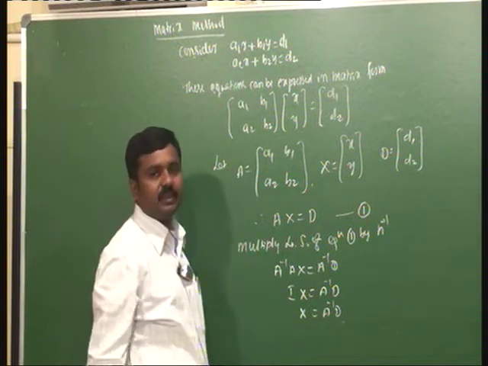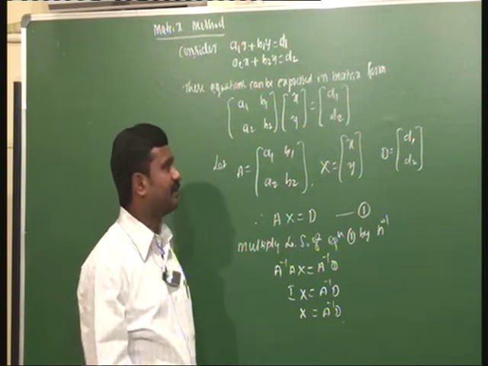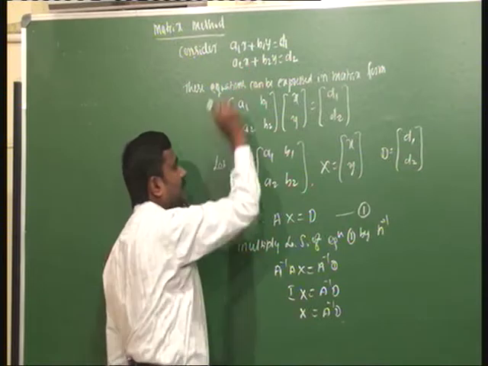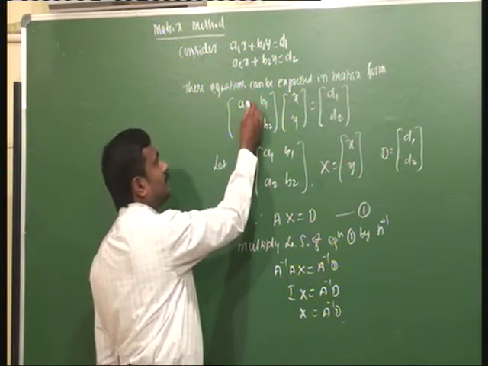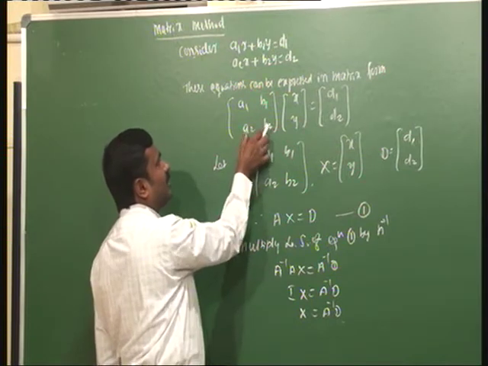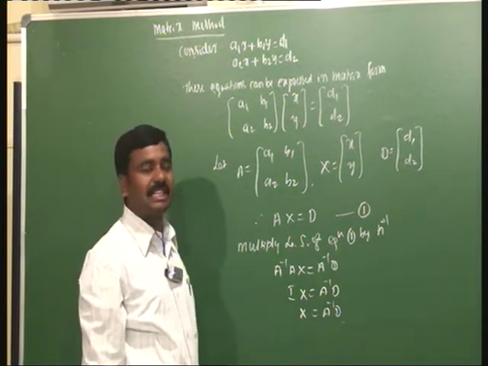a2x plus b2y is equal to d2 is the second equation. These two equations can be expressed in matrix form. This is the matrix formed by the coefficients of x and y.